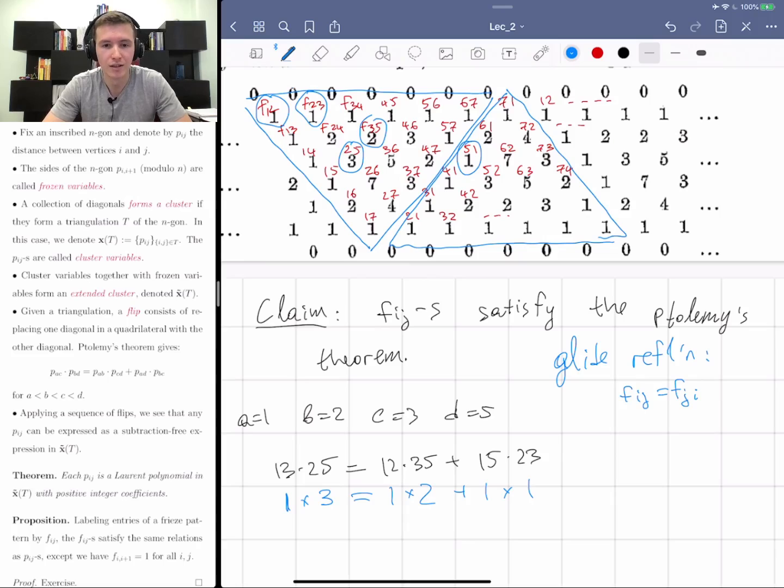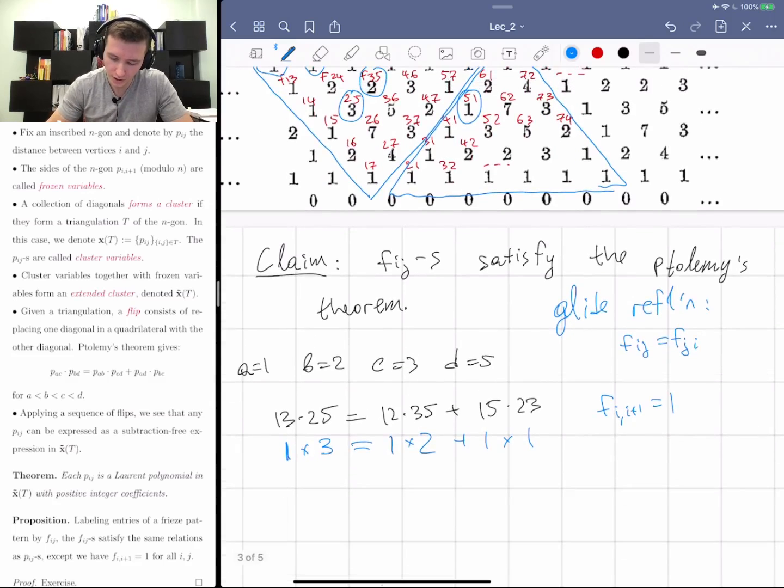Yeah, right. So first of all, the Fi,i+1, which are the sides, are just all equal to 1. And then if you take the diamond, it looks like Fij, Fi,j+1, Fi+1,j, and then Fi+1,j+1.